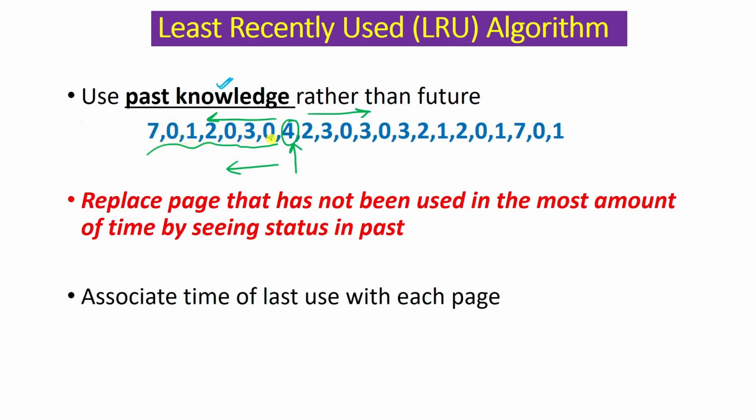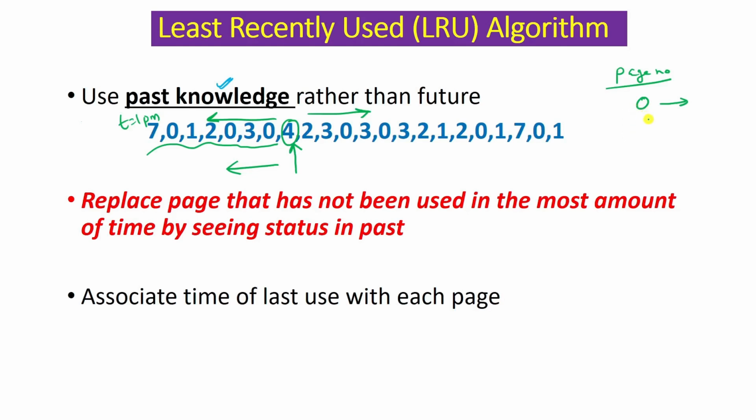I'm taking this 0 as the example. Let's say at t equal to 1 p.m. we reference 7, then at t equal to 2 p.m. we reference 0. So I will say I have page number 0, and I will create a map or something like that. During the example I will not do this, but I'm telling you how it works programming-wise.